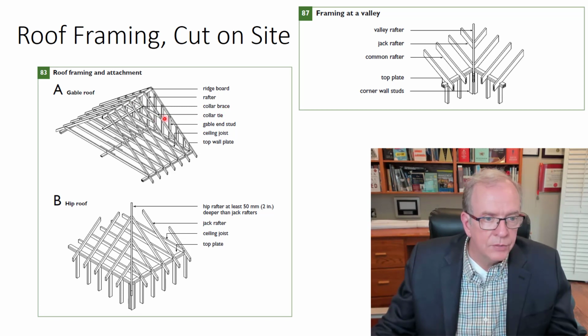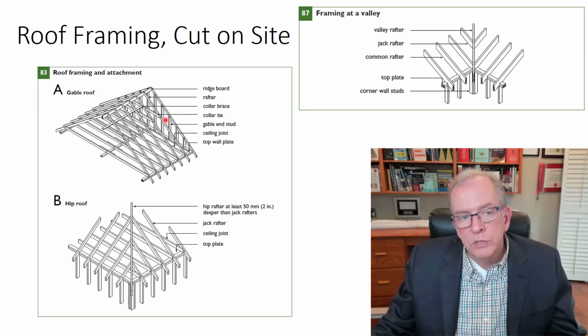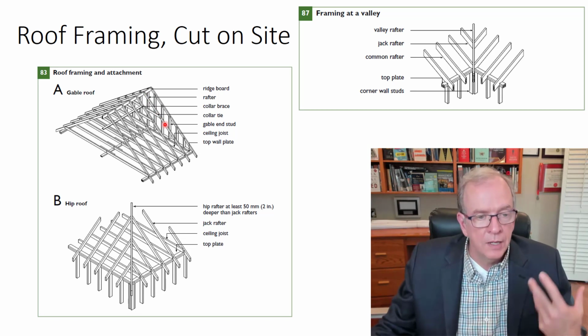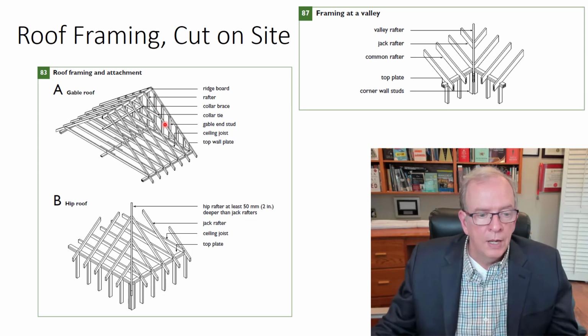That's what it's usually called, a collar tie. And that allows the use of smaller size members because it really stabilizes the roof. So collar ties are generally put in usually around half height or somewhere thereabouts, because it can dramatically reduce the sizing of the members that you need and dramatically strengthen the roof members.